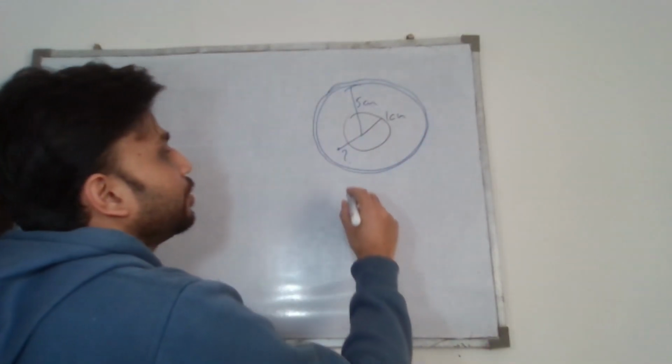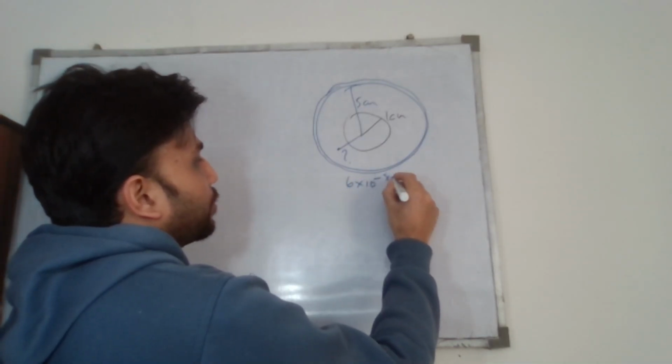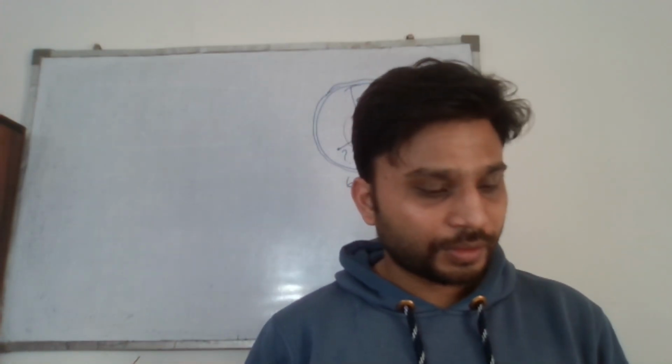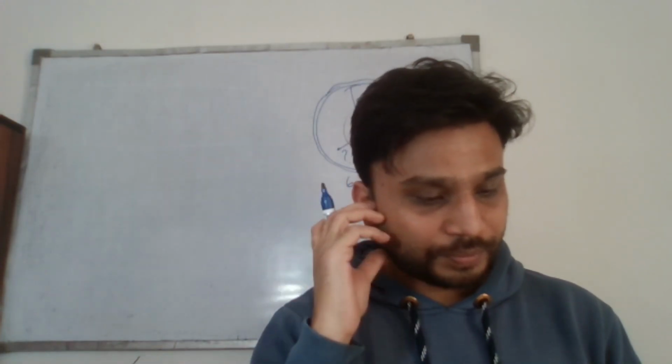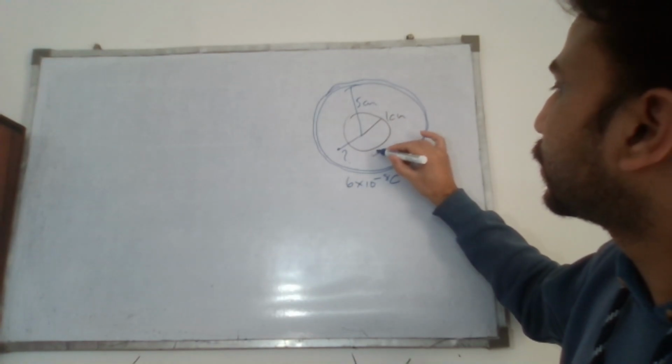And then in the B part, some charge, 6 into 10 to the power minus 8, is placed on the outer sphere of the hollow sphere. What is the surface charge density of the outside sphere? Charge placed on the inner sphere is 4 into 10 to the power minus 8.